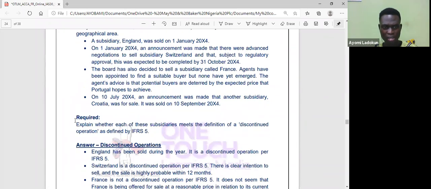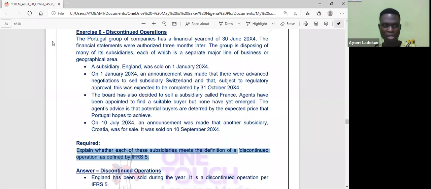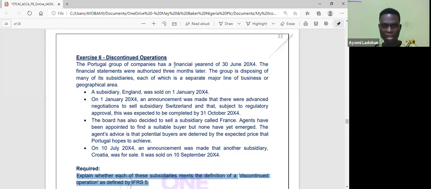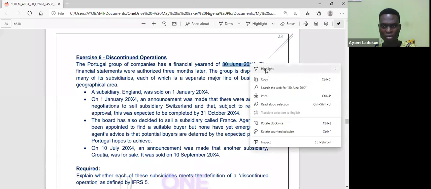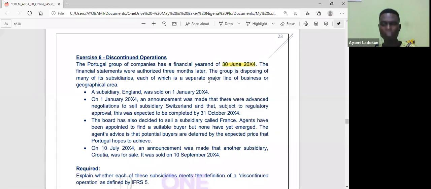Here it says, explain whether each of these subsidiaries meets the definition of a discontinued operation. Now, the Portugal group of companies has a financial year end of 30 June 20x4. That date is very key. So that means the beginning of this year will be 1st July 20x3. We now say that a subsidiary, England, was sold during the year, on 1st January 20x4.